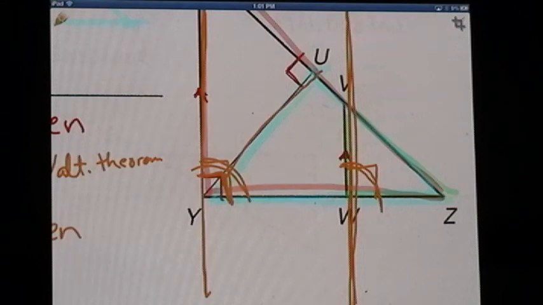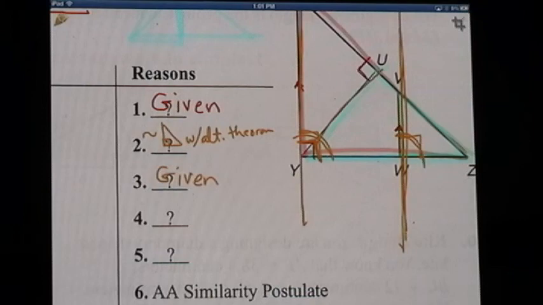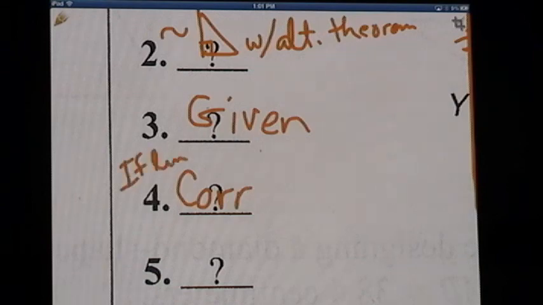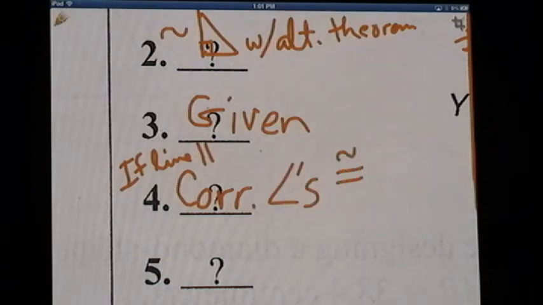You could call it the corresponding angles theorem, because that would be corresponding angles too. We'll call it the corresponding angles theorem because that's short. If lines are parallel, corresponding angles are congruent, right? And we need this if lines are parallel, right?